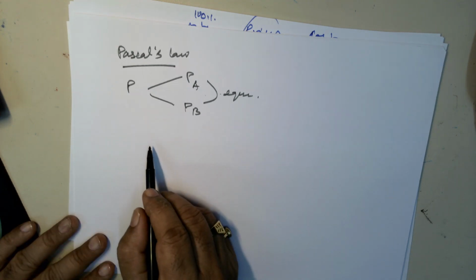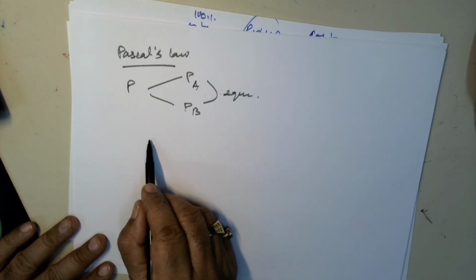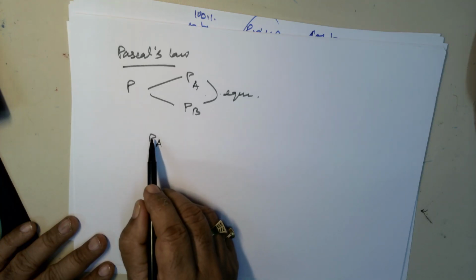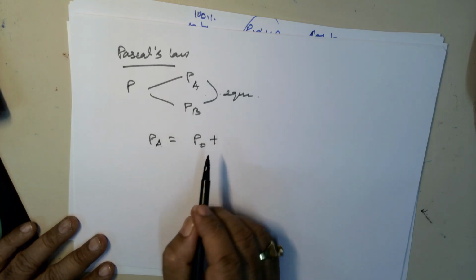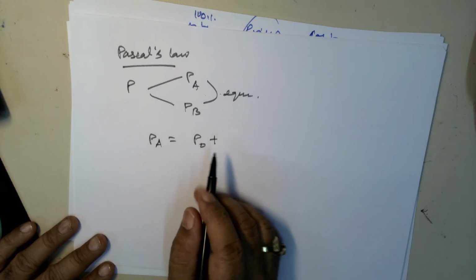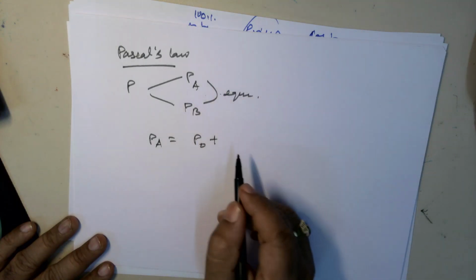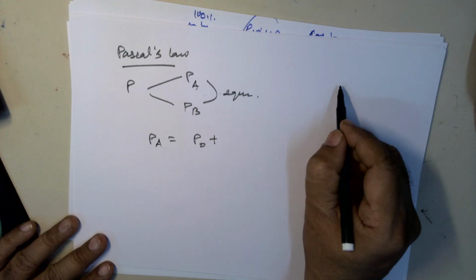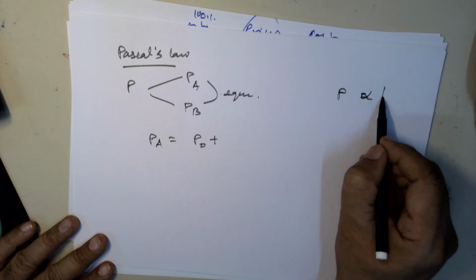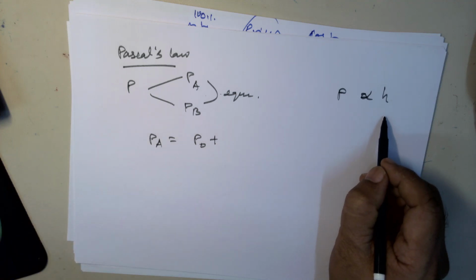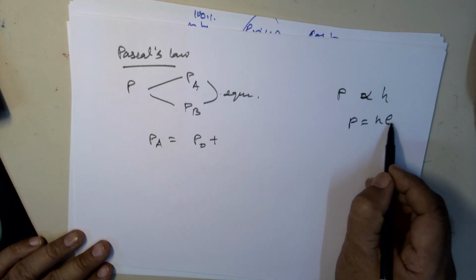So in that case, pressure at A is equal to PO, the external pressure, plus the actual liquid pressure. That is measured by the height. Liquid pressure is proportional to height, and it is proportional to g also. So we call it P is equal to h rho g.